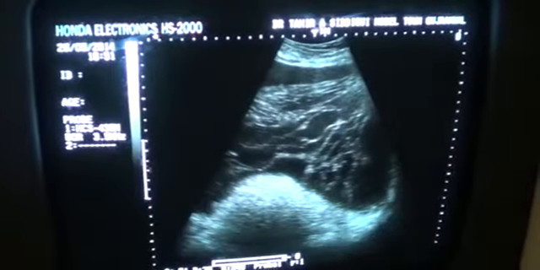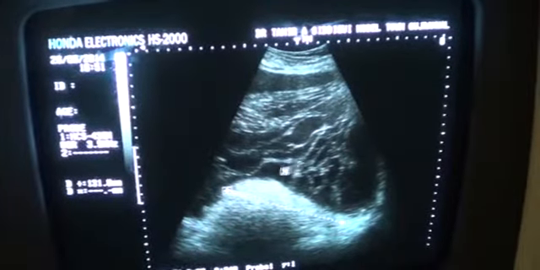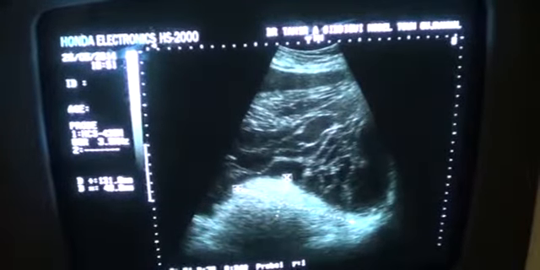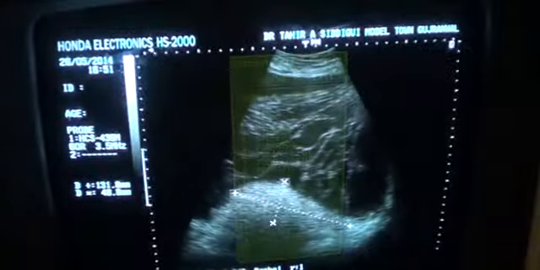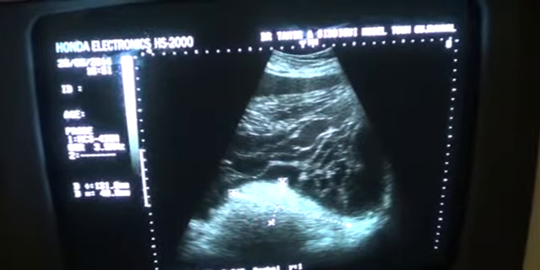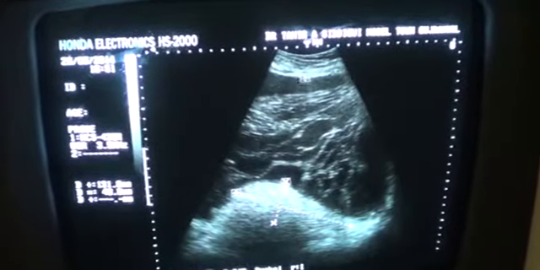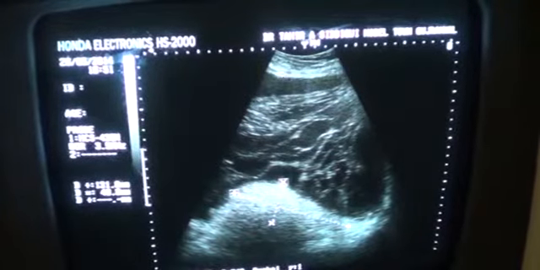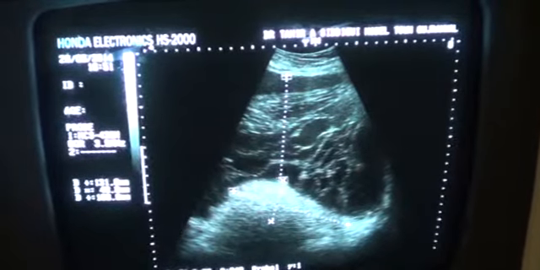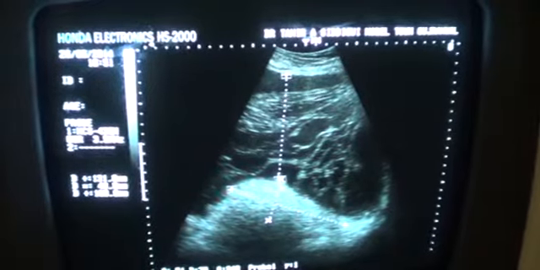You see, this is again placental part. This is the placental tissue. Again you can see this placental tissue lying posteriorly in this separated fluid, and this fluid fills all of the abdominal cavity, just below the anterior abdominal wall.